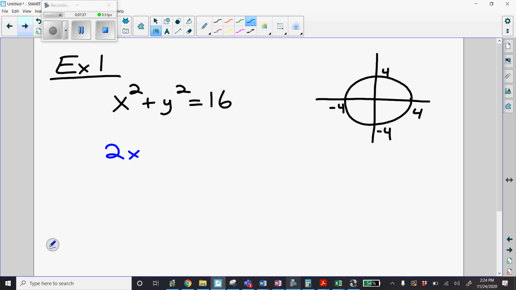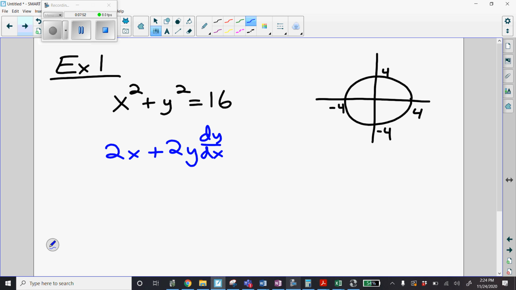And I don't have to worry about a product rule here because I have a plus in between. The derivative of y squared then is 2y dy dx. Okay. So because that was a y, think of it like the chain rule, tacking on the derivative of the inside. The derivative of y with respect to x is dy dx.